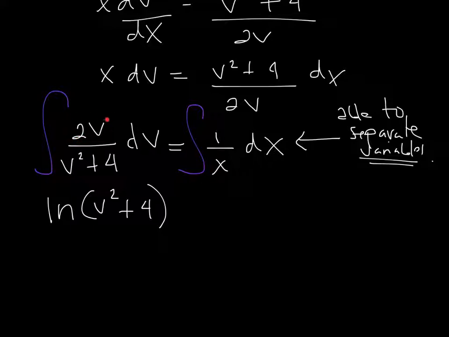This is your f prime over f of x, or f of v in this case. And then the other side is just a nice natural log of the absolute value of x plus c. The book uses ln of c, but eventually we're just going to write c, or if you want to call it k or a.